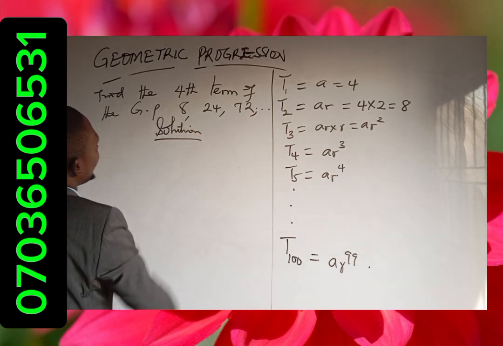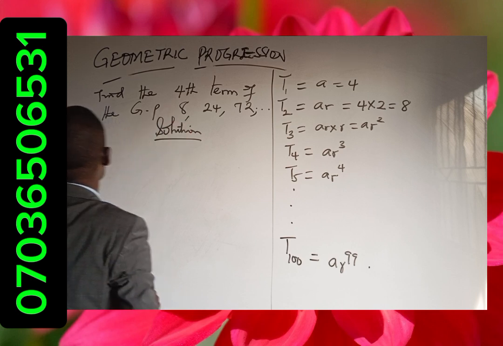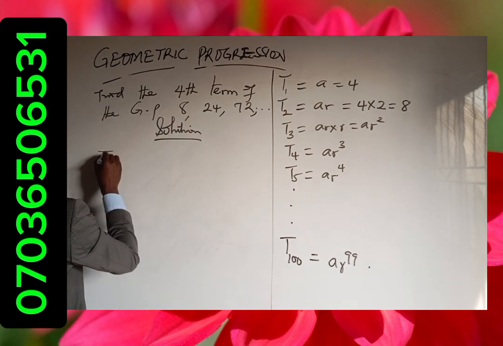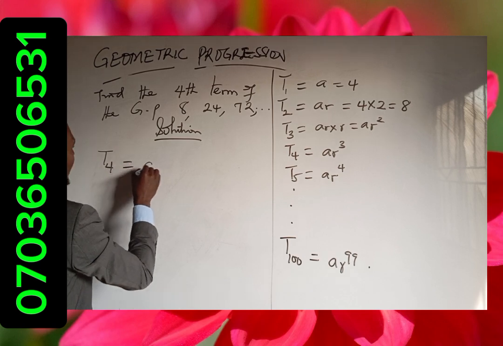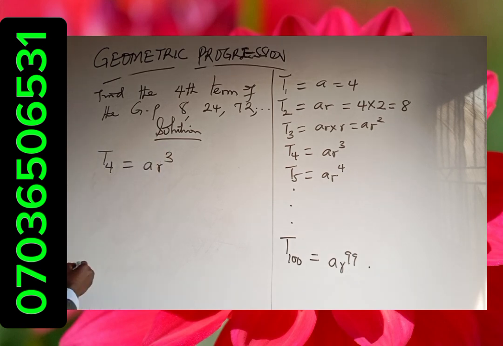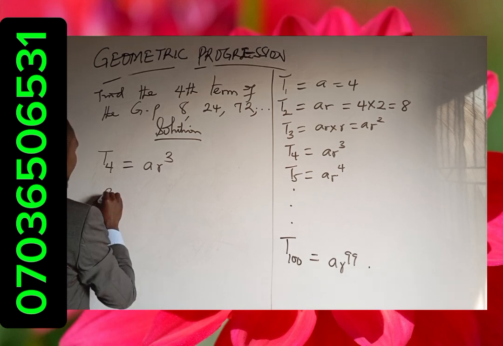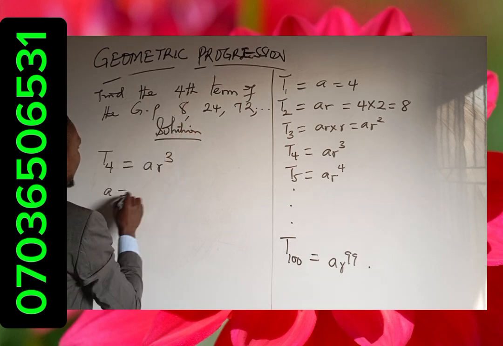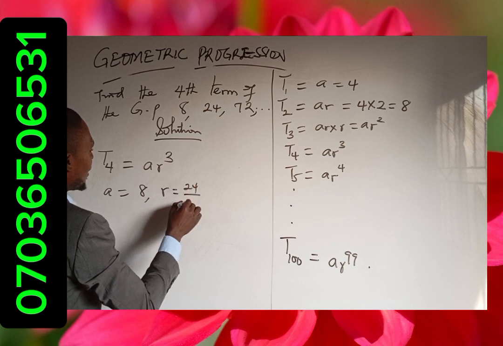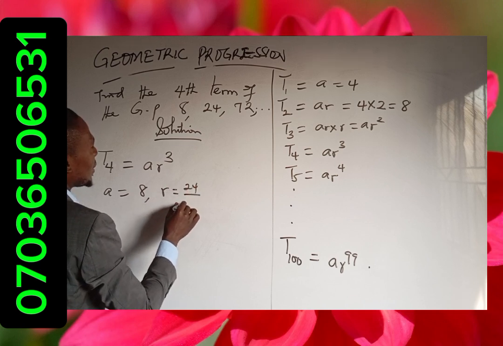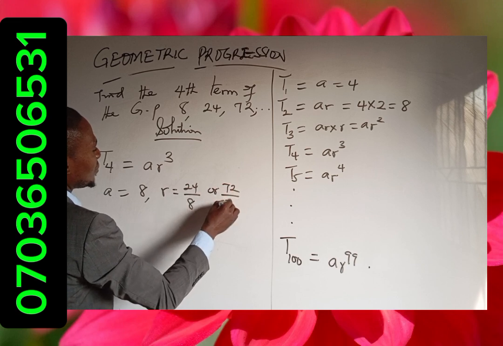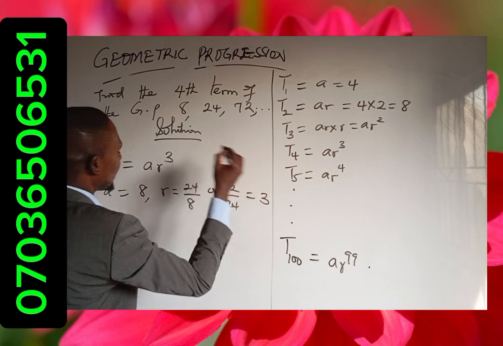Now solution. We are looking for the fourth term of this GP. What's the formula for the fourth term? T4 is AR raised to power 3. Very good. And what is our A? A is the first element, 8. R is 24 over 8, or 72 over 24, which is 3.